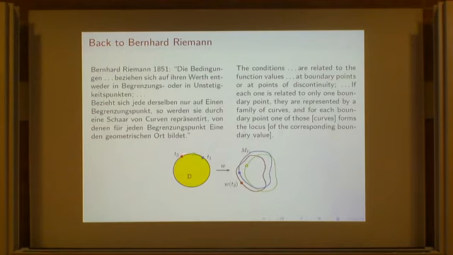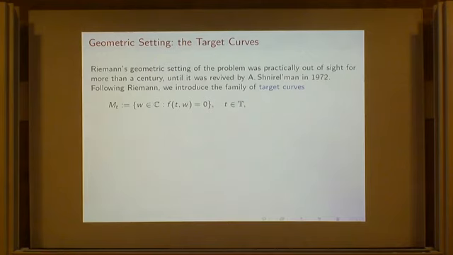And I think the best way to state this problem is in this geometric way, namely we have a unit disk, and on the boundary of the unit disk we have points t, and with each boundary point there's an associated target curve called N(t). And the condition tells us that the w at the point t should be on the corresponding target curve.